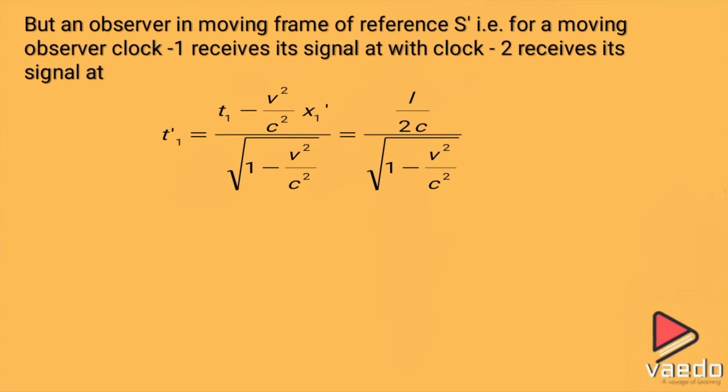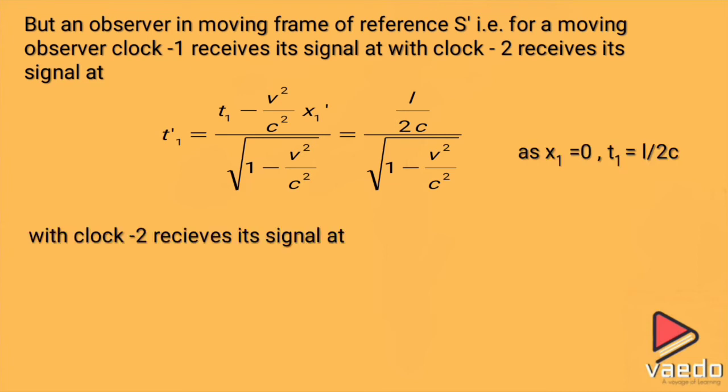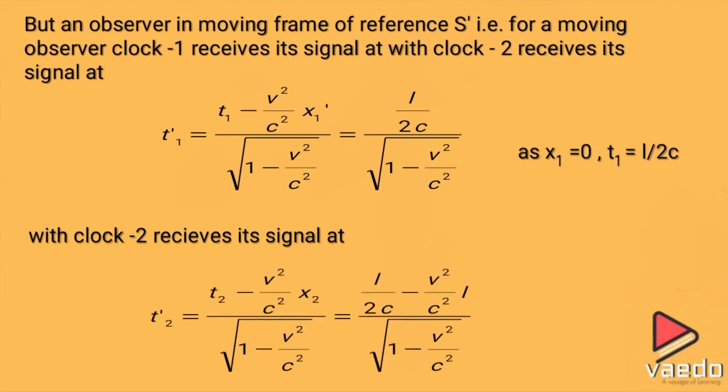Next we have clock 2 and its coordinate of time t2 prime, which equals t2 minus v square over c square x2. As we know, the value or position of x2 does not coincide with the distance, so we can write the position L. So we have L over 2c minus v square by c square multiplied by L over 1 minus v square by c square.